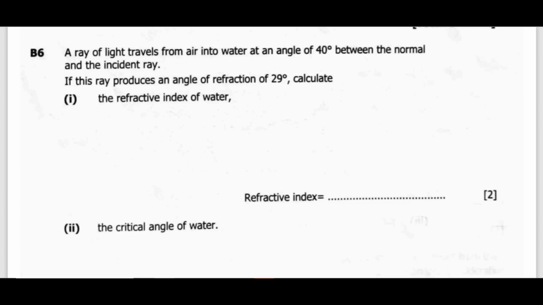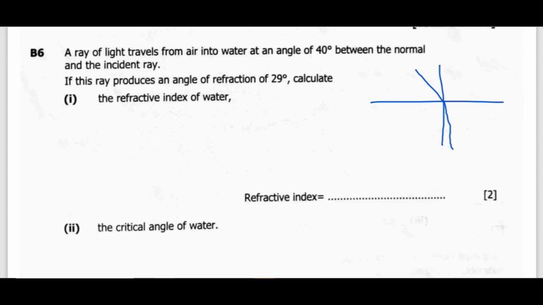If this ray produces an angle of refraction of 29 degrees, calculate the refractive index of water. Refraction is the bending of light. So this is what we want to look at.